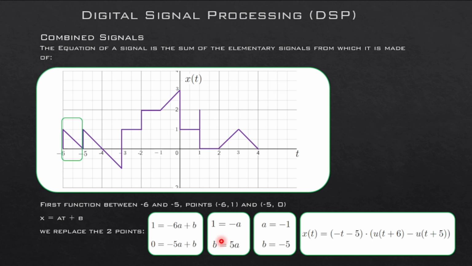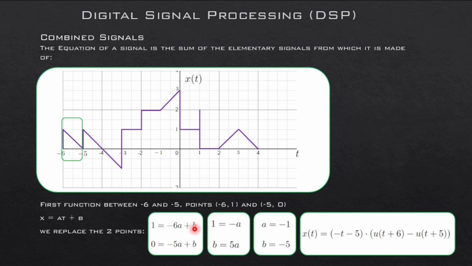You mix them together, what you get is 1 is equal to -a, by replacement of course, and b is equal to 5a. Why? Because when you move b to the left of the equation, you get -b equal -5a, so b equal 5a, and then you replace that in the upper equation.